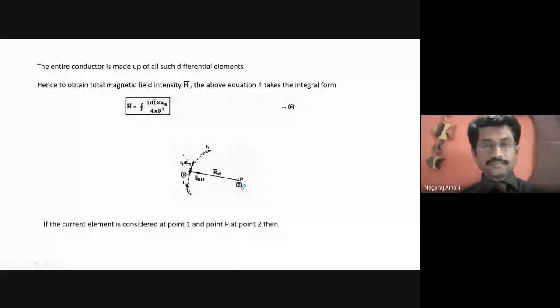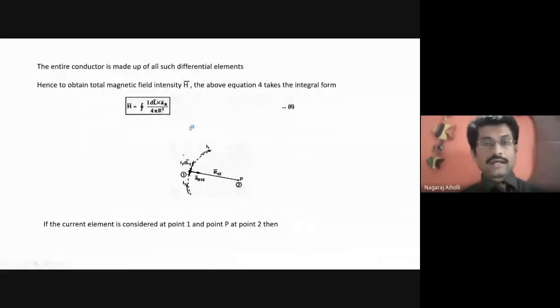Now here we have considered the differential element as point 1 and the point P as point number 2. If the current element is considered point 1, the field at point P is given by I1 dL1 bar cross aR12 bar divided by 4 pi R12 square. I'm just replacing the aR vector in equation 6 by aR12.